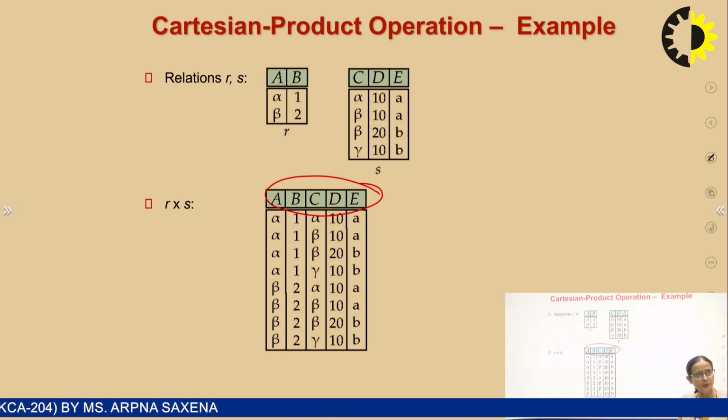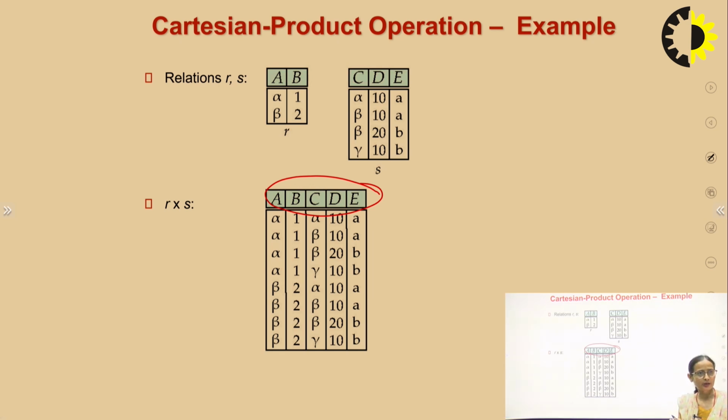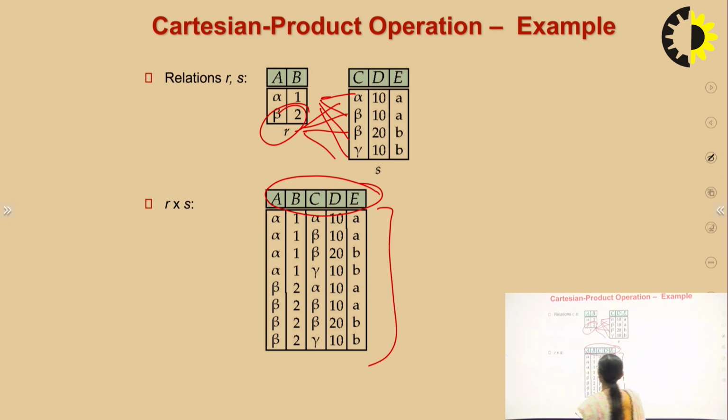That is, the A, B attributes are coming from relation R, and the C, D, E attributes are coming from relation S. Now we are combining alpha 1 with all these entries. Similarly, beta 2 with all these entries. So this is the final outcome. If you look, alpha 1 is combined with all 4 entries of S. Similarly, this entry is combined with 4 entries of relation S.